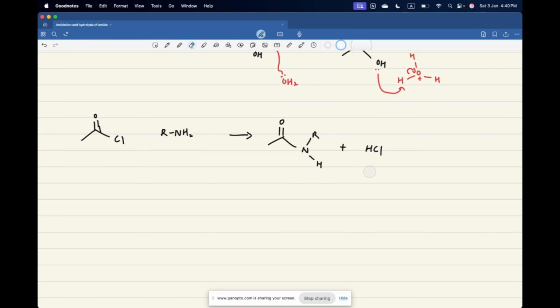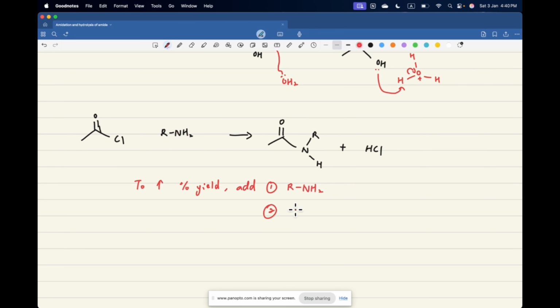If we don't want this acid to react with our base, to increase the percent yield of the product, we can add, first, an excess or two equivalents, sometimes you'll see that, of the base, so that this acid will not affect the reaction between the base and our acyl chloride.